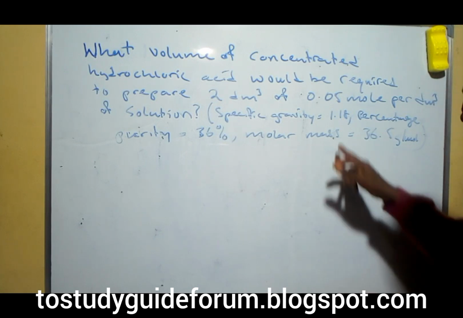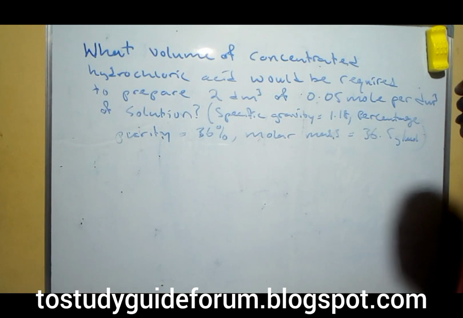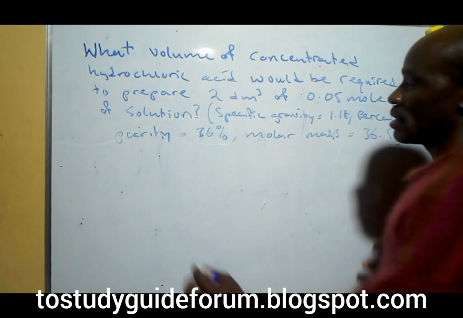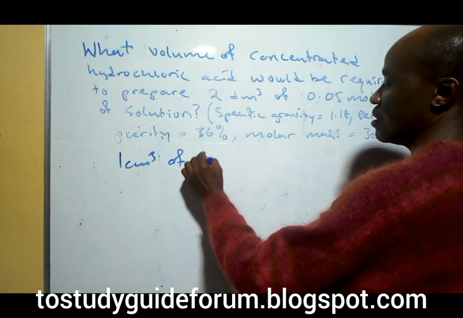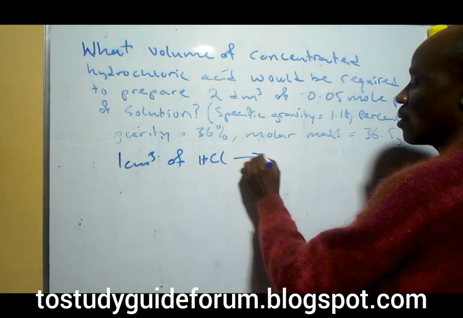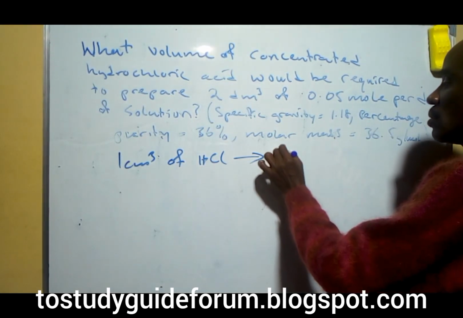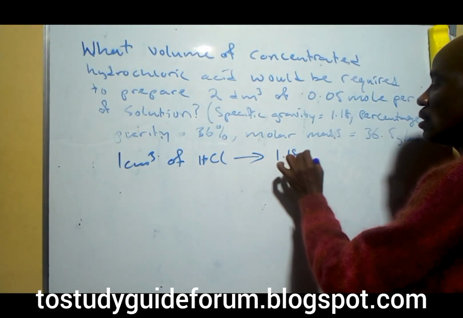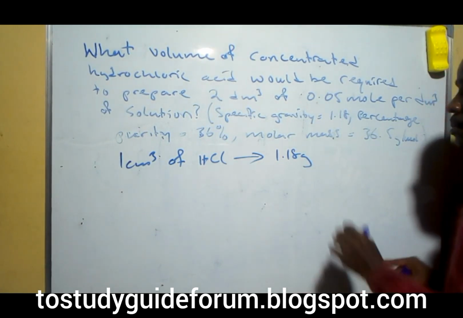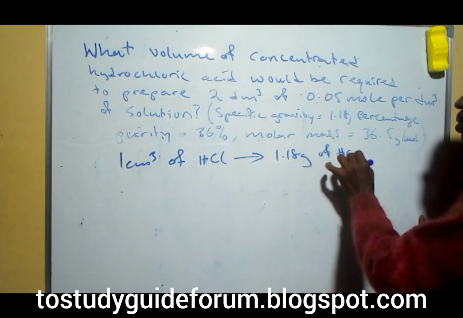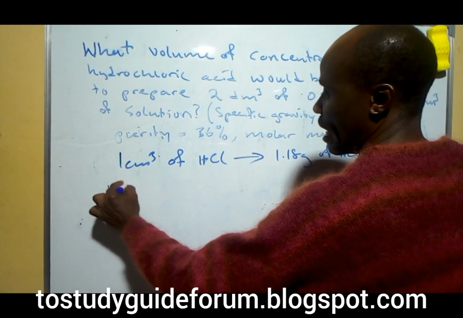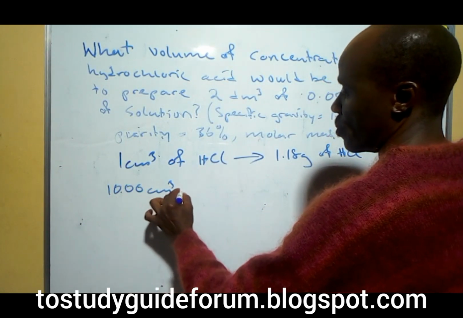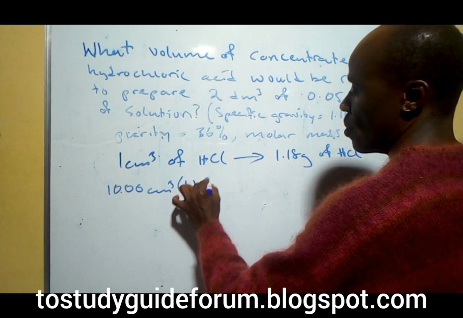So since we have 1.18, it also means that 1 cm³ of the acid, hydrochloric acid, contains 1.18 grams of hydrochloric acid.